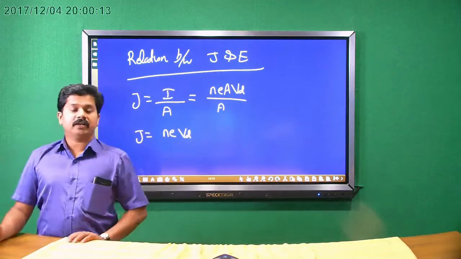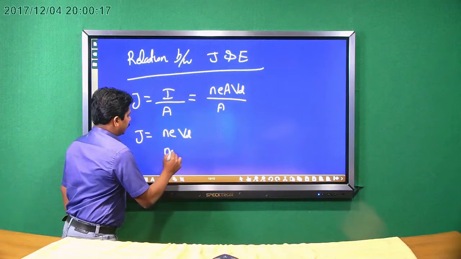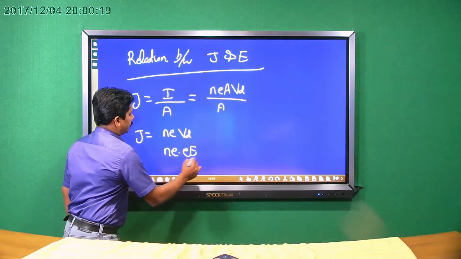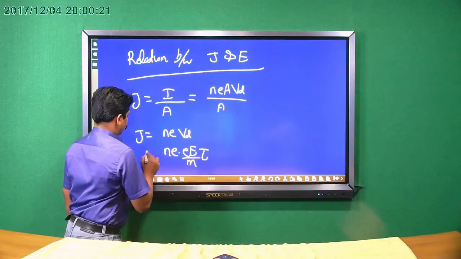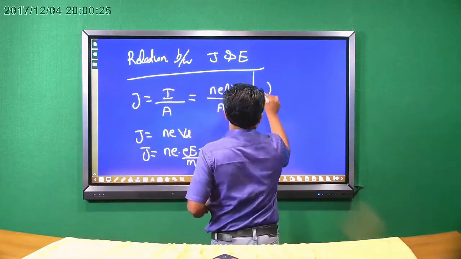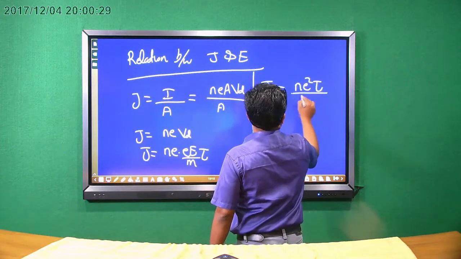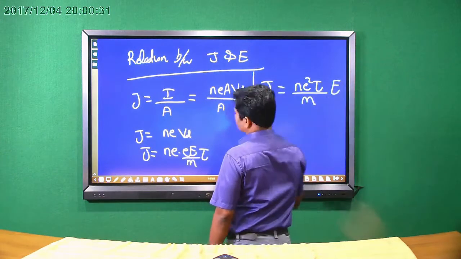But we know v_d equals e E by m into tau. So J equals n e into e E by m into tau. So this becomes J equals n e square tau by m into E.